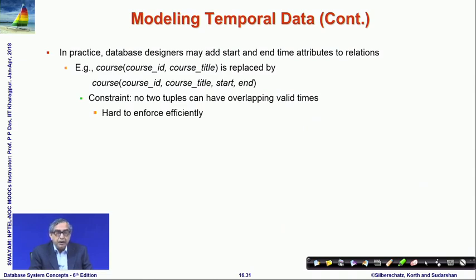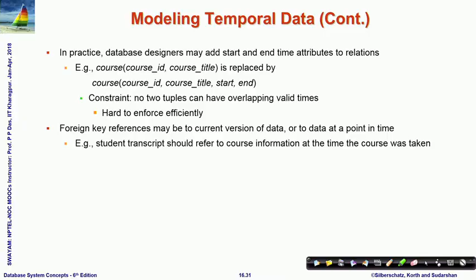A good design, but these also have issues, because if you do this kind of temporal intervals, then how do you make sure that between two records the intervals do not overlap. So, you are not saying that at the same time this course had name x, this course also had name y. So, they have to be disjoint. So, how do you check for this consistency of data? There is no easy way to do that.